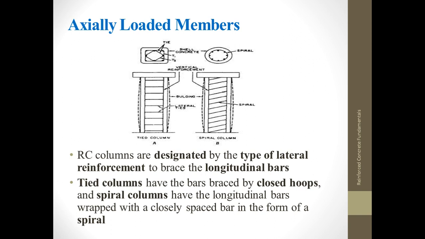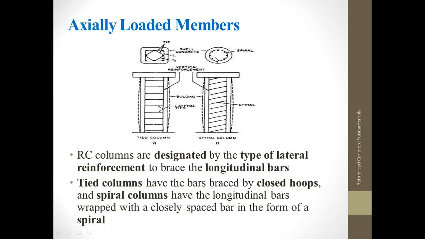First thing we need to know is that reinforced concrete columns are designated by the type of lateral reinforcement that braces the longitudinal bars. In this picture, column A is a tied column, whereas column B is a spiral column. So this is the representation of a tied column, and this is a spiral column.